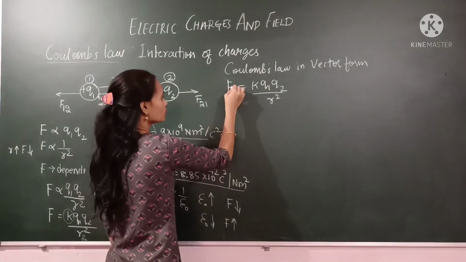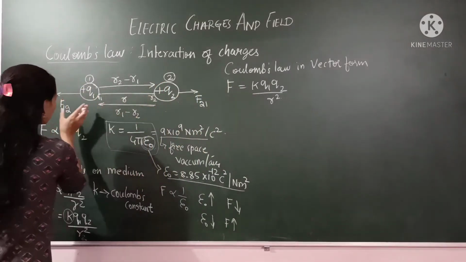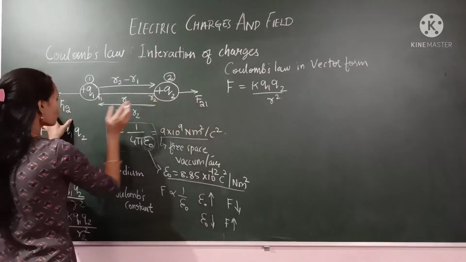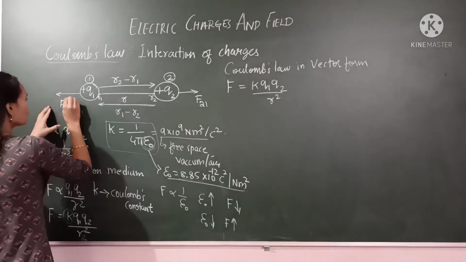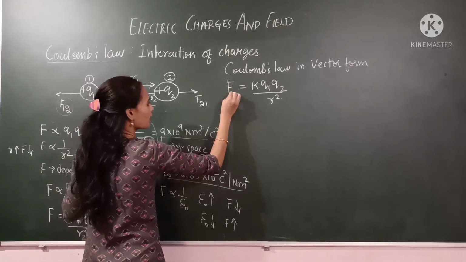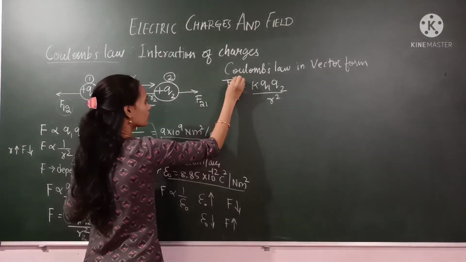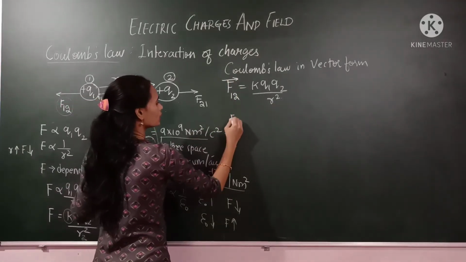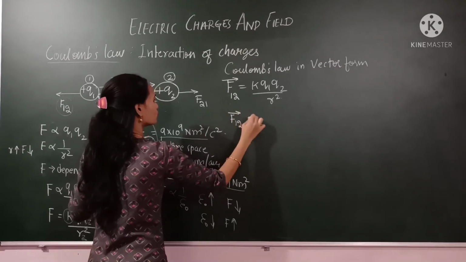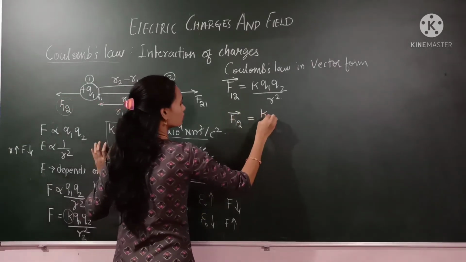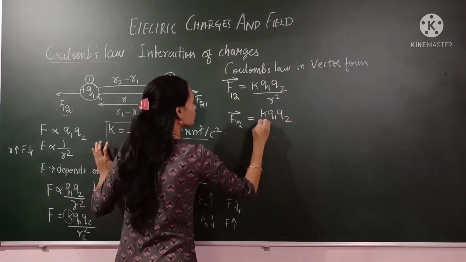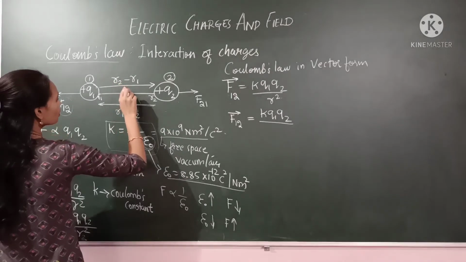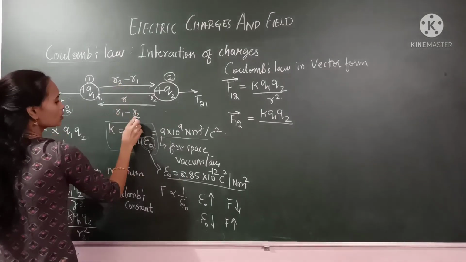Now for this force, we have two types: one is F12 and another is F21. Here two forces are there. First we write the force for this one, F12. For F12, which vector will we take? We write vector F12 equals K Q1 Q2, and for the distance, we can take R12, or R2 minus R1, or R1 minus R2.